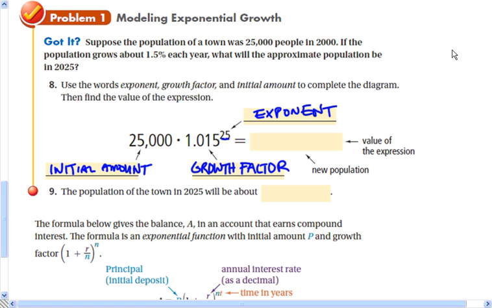And if you multiply this out now on your calculator, you're going to put in 25,000 times 1.015, and then you have to use the caret key, which looks like this, to get the power. And you should get this number, 36273.63, and I think there's some more decimals. But since, again, we're talking about a population, we're just going to round that to the nearest whole. So 36,274 makes sense.